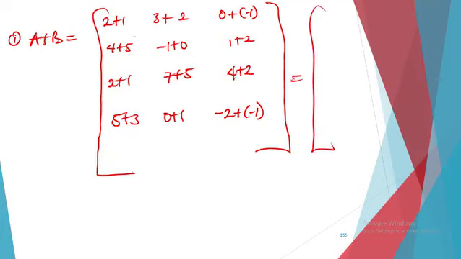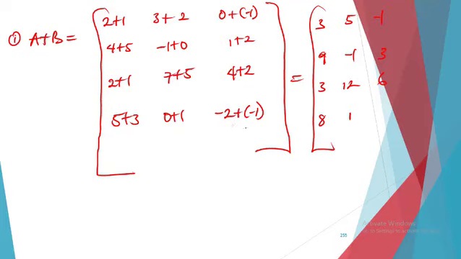What would this give us? 2 plus 1 is 3. 4 plus 5 is 9. 2 plus 1 also is 3. 5 plus 3 is 8. 3 plus 2 here is 5. Minus 1 plus 0 is minus 1. 7 plus 5 is 12. 0 plus 1 is 1. 0 minus 1 is minus 1. 1 plus 2 is 3. 4 plus 2 is 6.